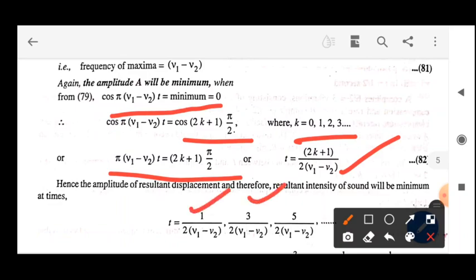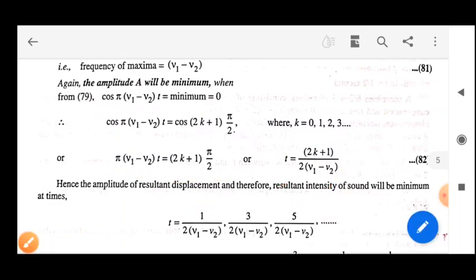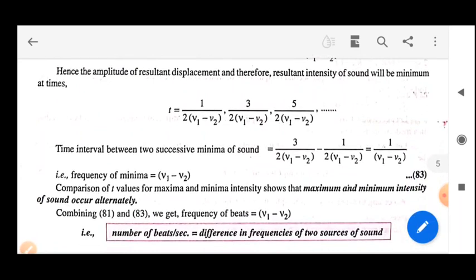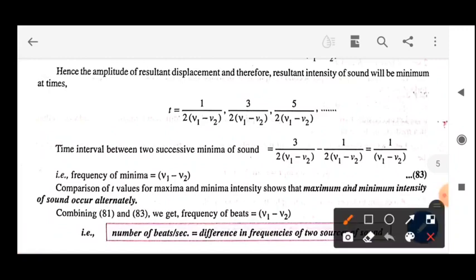So at these times you will get the minimum intensity, and again you can calculate the beat period between two successive minima. That is again the difference of the two times, any one you can take, and that will be the same as before. We have got the beat period for the maxima, and the frequency is the same.